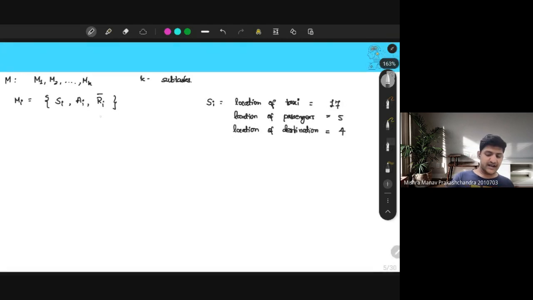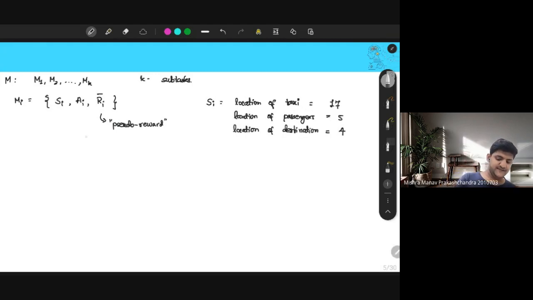Okay, this Ri bar function is known as the pseudo reward. So this can be thought of as the reward that the agent gets on completing the ith subtask.